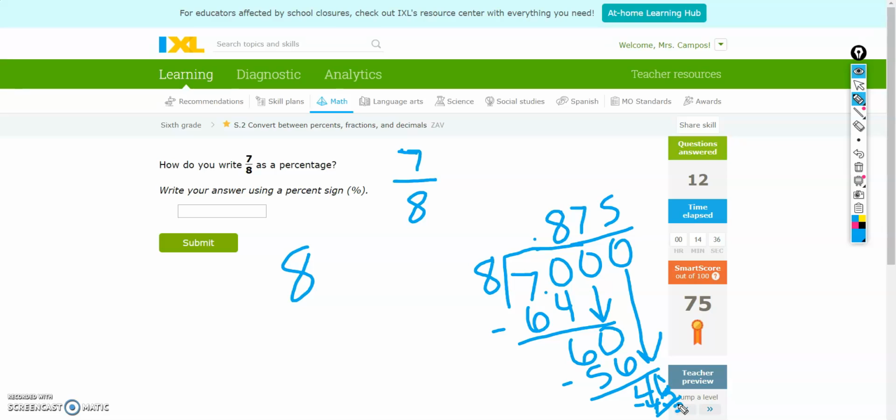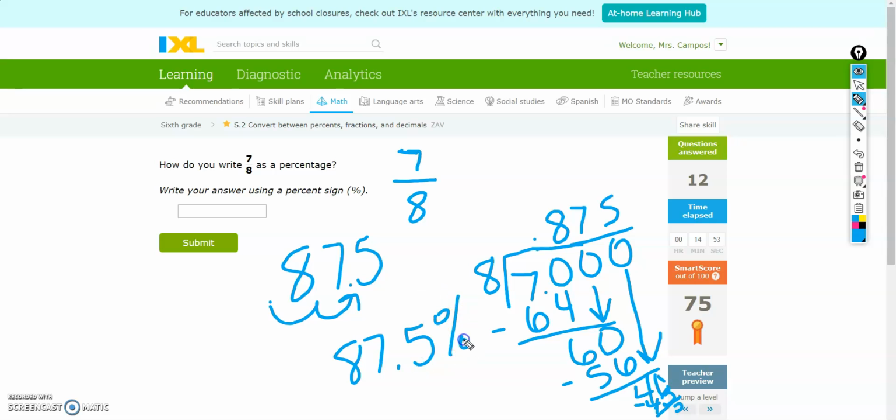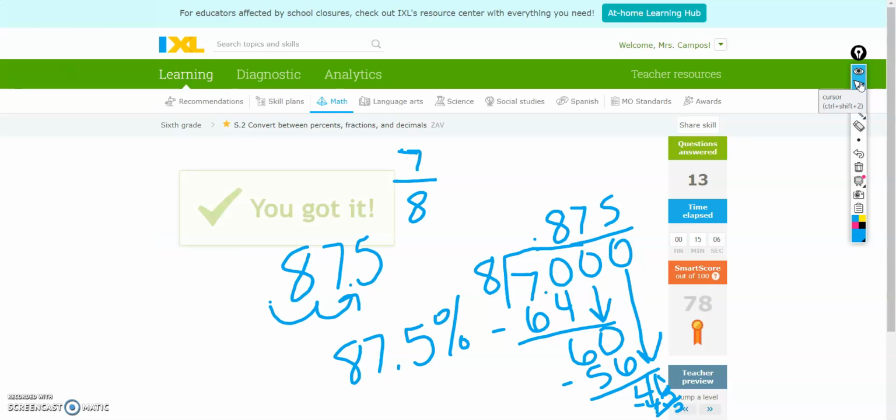Okay, so we have to move the decimal 2 times to the right. So we have 87 and 5/10%. It doesn't tell us to round, so we're going to write that: 87 and 5/10%.